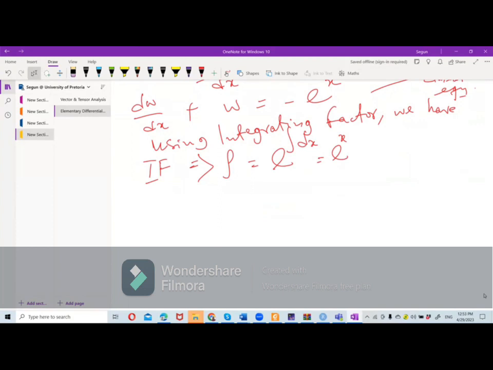Anybody with an idea? Who can tell us? Yes, I'm waiting. So we can integrate the right hand side. Okay, it's not the issue of the right hand side. It's the issue of just picking your P of x and substituting it. How do we do that?